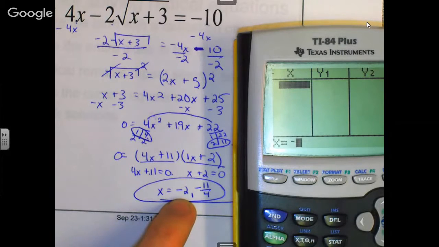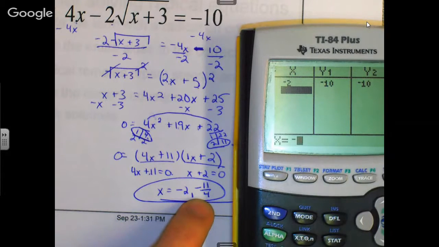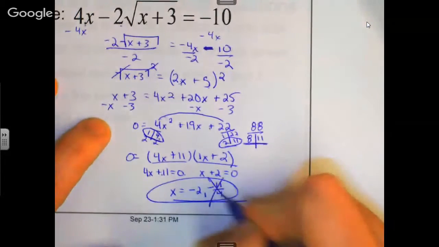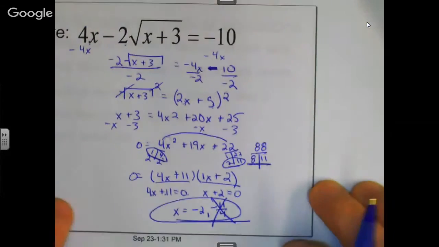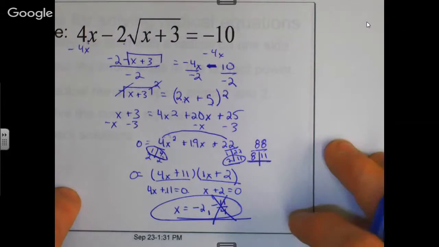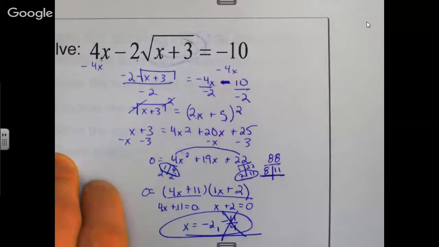So -2, enter. We have -10, -10. So -2 works. So -11 over 4, we have -12 and -10. So this one is extraneous. It does not work. We'll talk more about why they don't work. It has to do with the domain, and what can and cannot be under this radical, but we'll get to that later on.